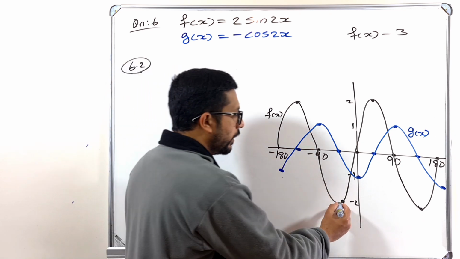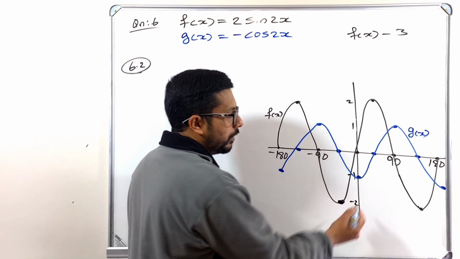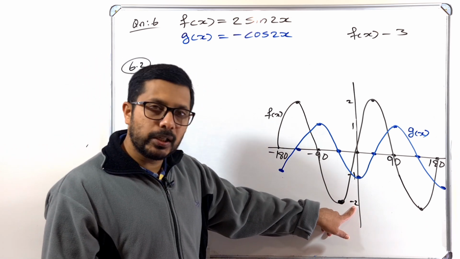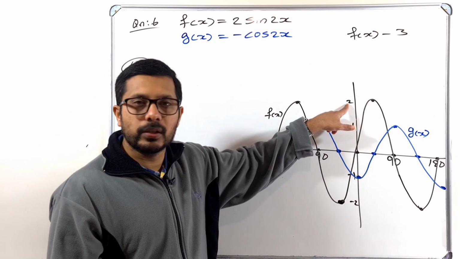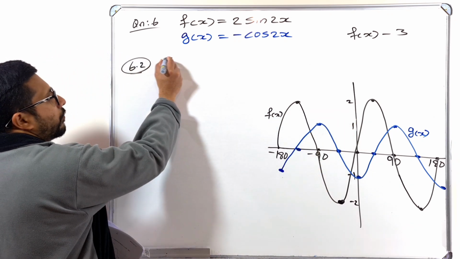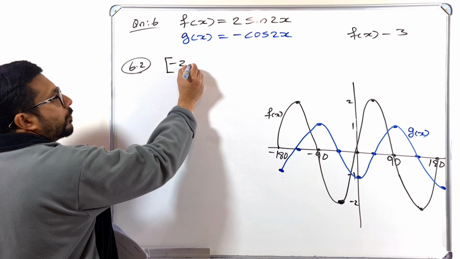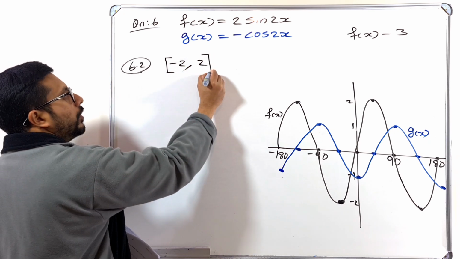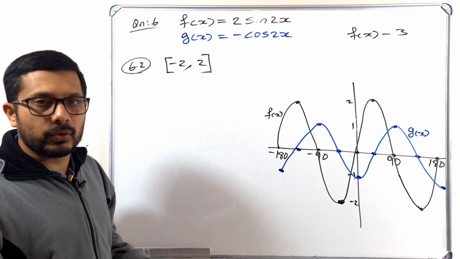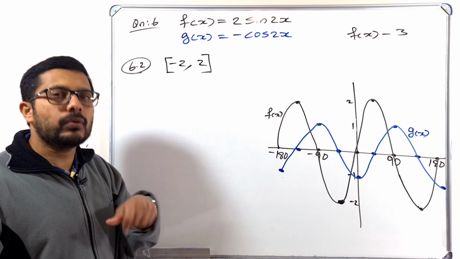Here you can see that this turning point is minus 2. So in the case of f of x, the minimum value is minus 2 and the maximum value is positive 2.